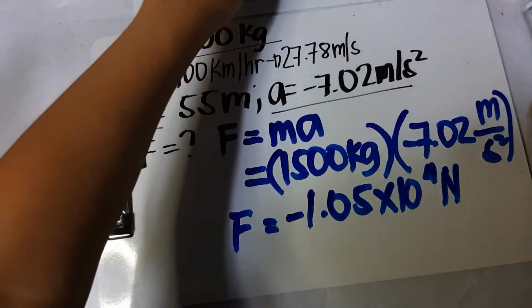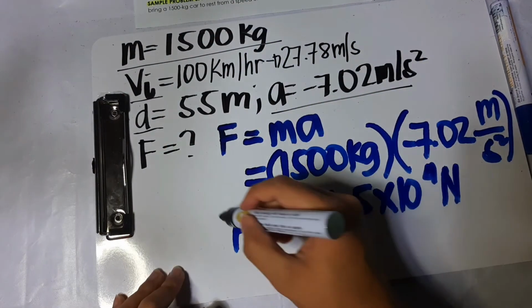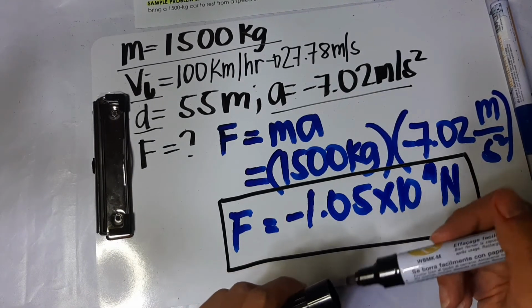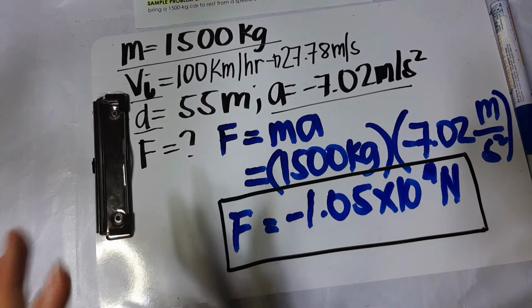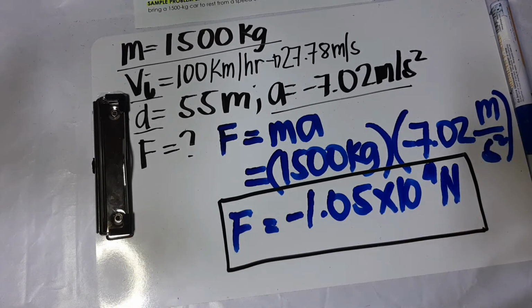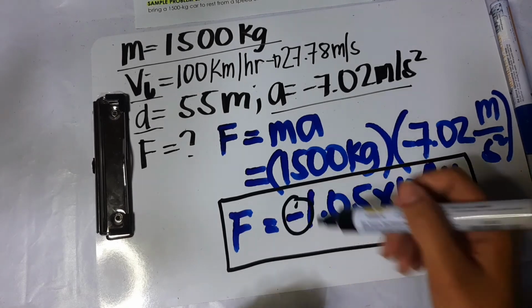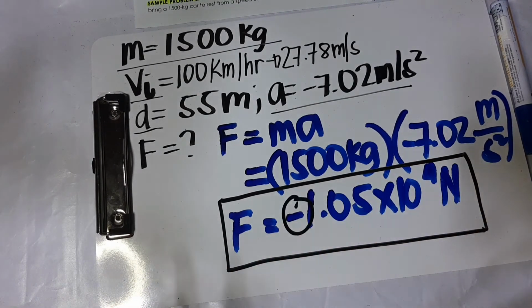Okay, so this is the value of our net force if we're going to stop a moving car. Again, it's negative because the car experiences a deceleration. Or kumbaga, pahihintuin natin yung sasakyan.